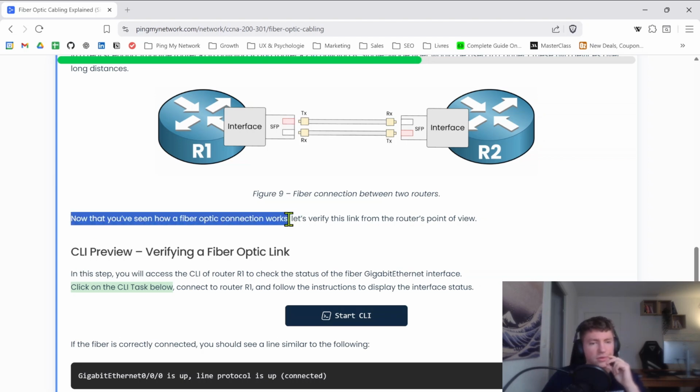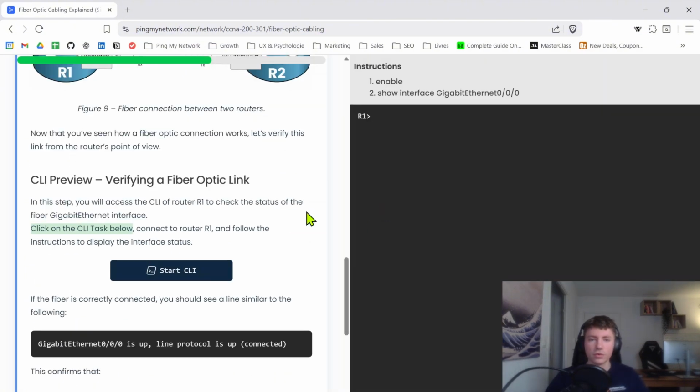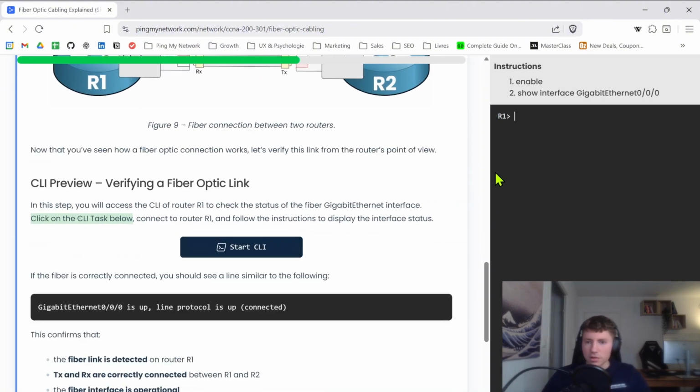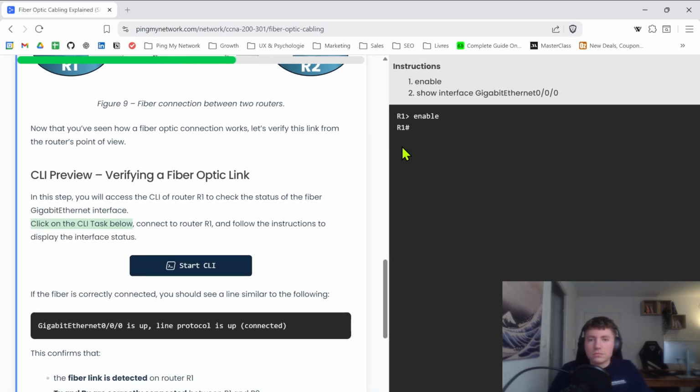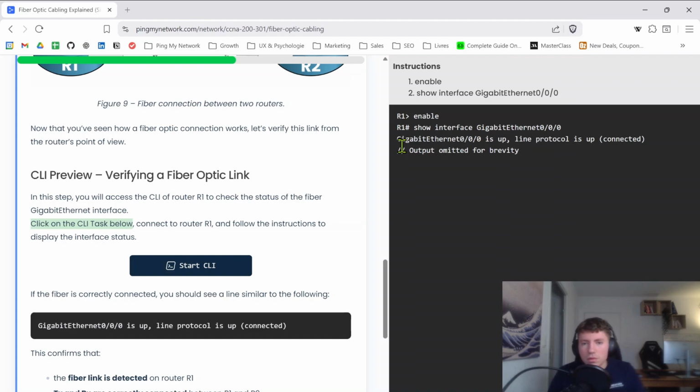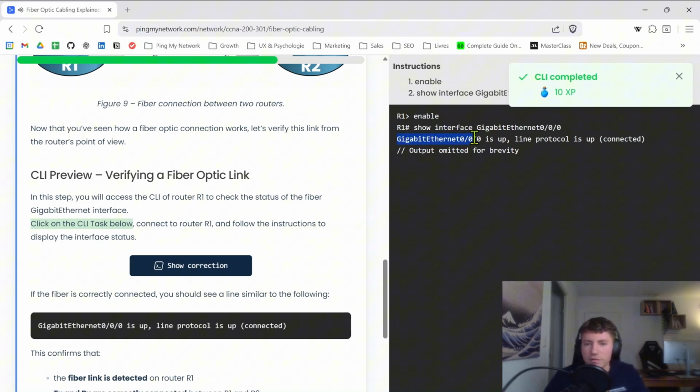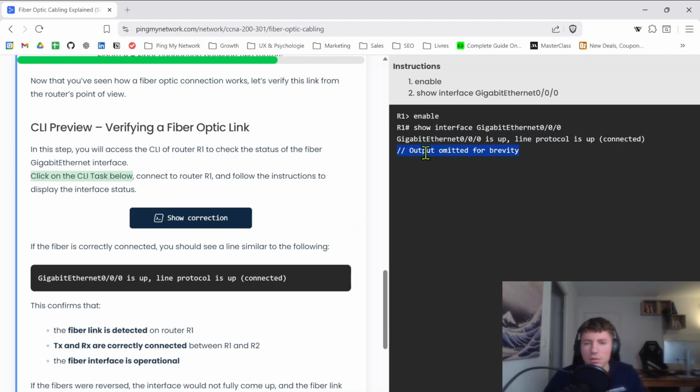Now that you've seen how a fiber optic connection works, let's verify this link from the router's point of view. Enable, and show interface gigabitethernet 0/0. GigabitEthernet0/0 is up, line protocol is up, connected, output omitted for brevity.